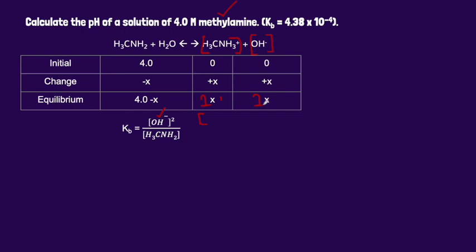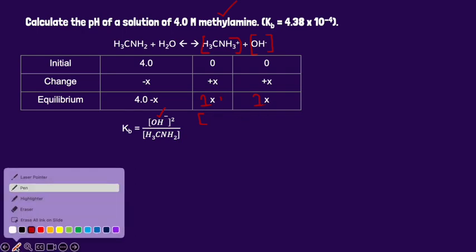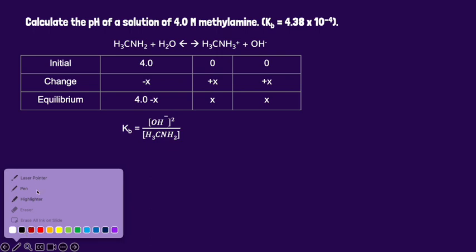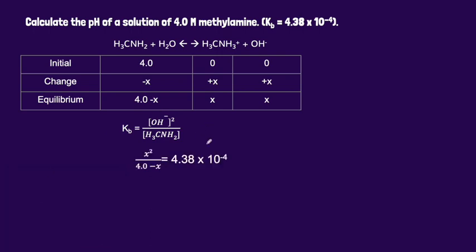So it is a 1-to-1 ratio. Both of them can be considered X. So that's why we can just move this equation around as OH squared or X squared, whatever. So X squared over 4.0 minus X. This is my Kb value that I've been given in the question.